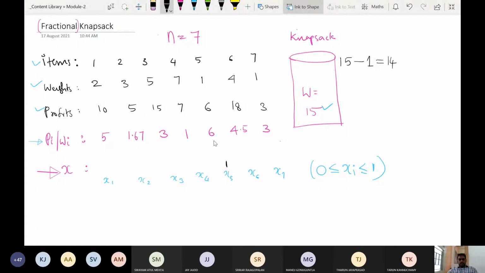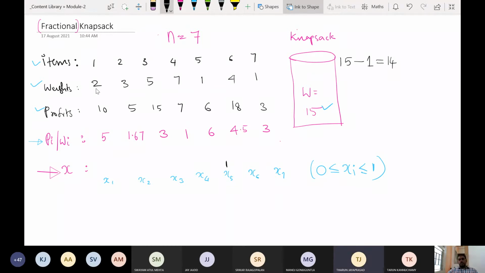So this item has been included. Which is the next highest profit by weight? The first item, item number 1, which has a profit by weight equal to 5. So that should be included. And what is the weight of item number 1? 2.